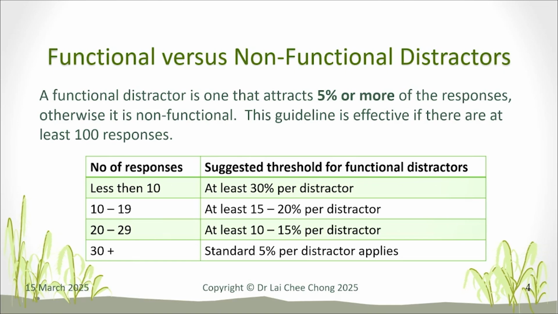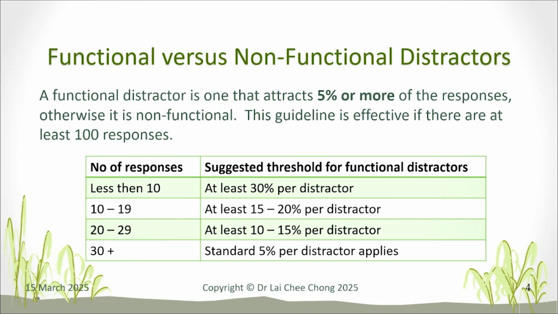Oh, by the way, there's one thing about distractors. Let's say you have an MCQ with A, B, C, D, 4 choices. One is a key, which is the correct answer. 3 are incorrect answers, fair enough. These 3 must work together. If 2 are good distractors, but one is no good, what does that mean?